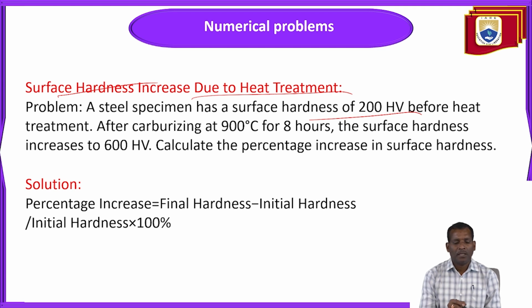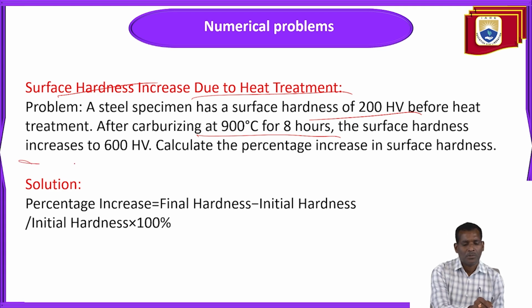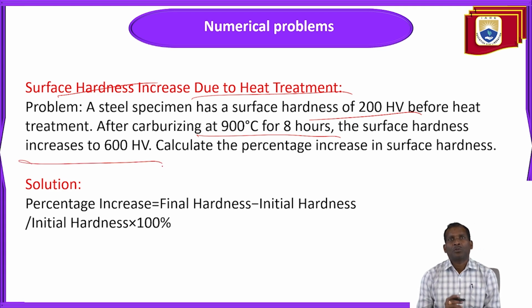After carburizing at 900 degrees centigrade for 8 hours, the surface hardness increases to 600 HV. To enhance the property, maybe hardness or strength, some heat treatments are required: carburizing, nitriding, annealing.